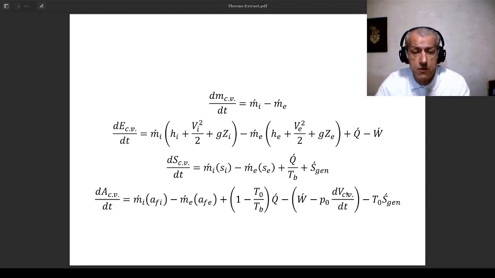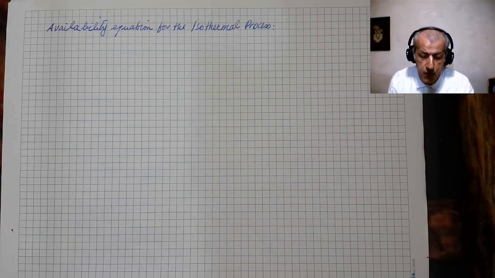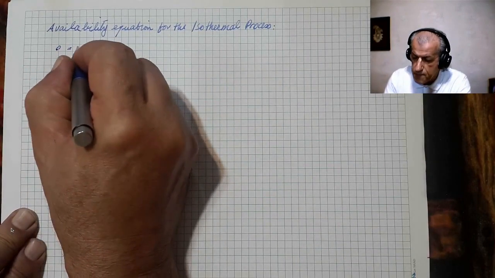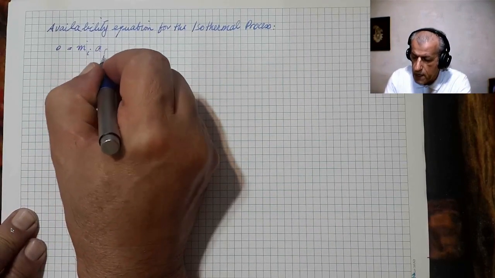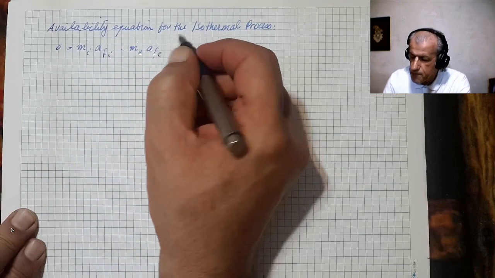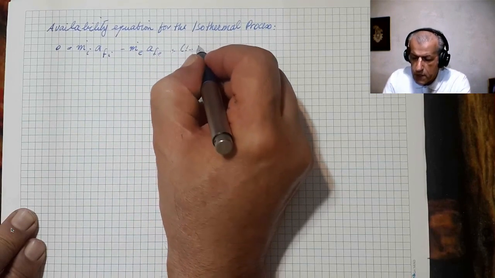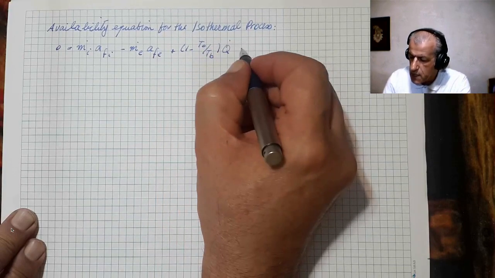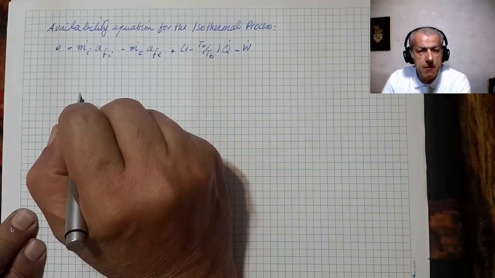There is no change in volume, so this term would also vanish, and the problem is steady, so this term would vanish. And we would be left with a simpler form of this equation, which is 0 equals m dot AFI minus m dot AFE plus 1 minus T0 over TB times Q dot and minus W dot.